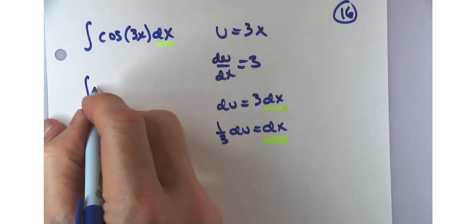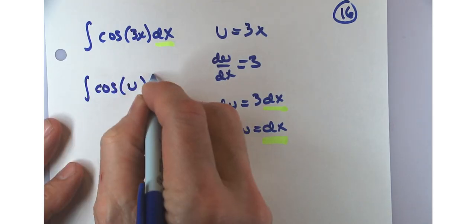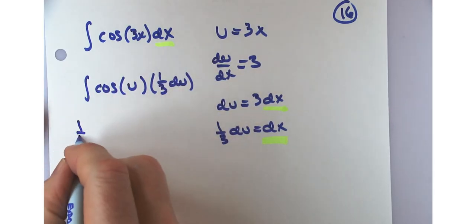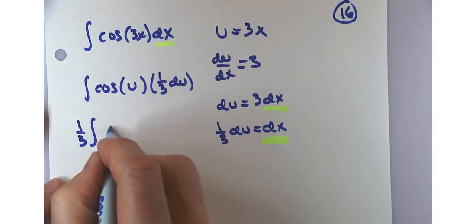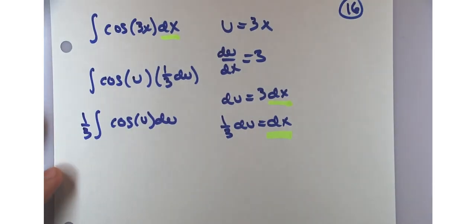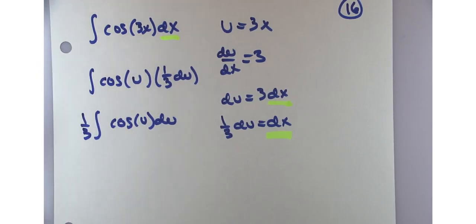That's going to be the integral of cosine of u times 1/3 du. The 1/3 I can bring out in front. That's just a nice, what is called, linearity property of an integral. What's the antiderivative of cosine? What do I differentiate to get a cosine?